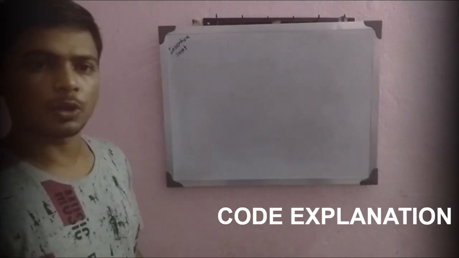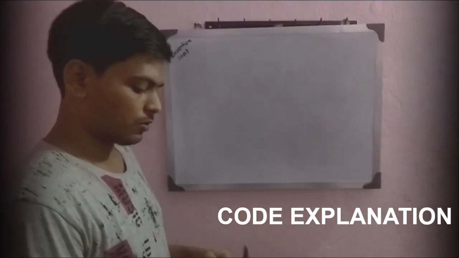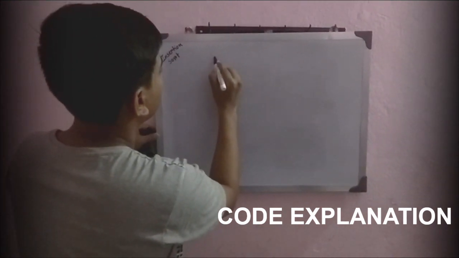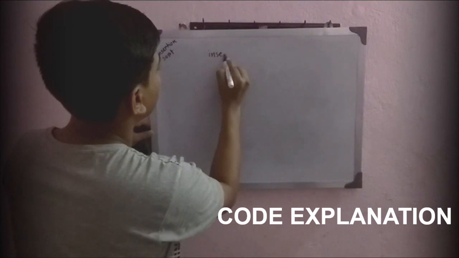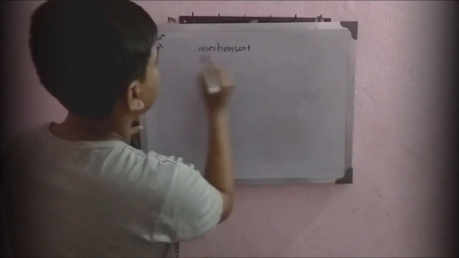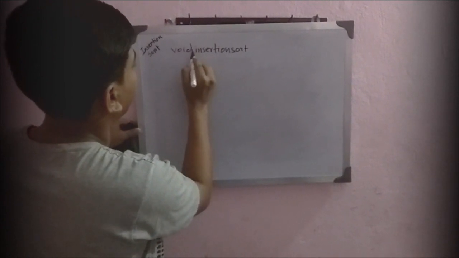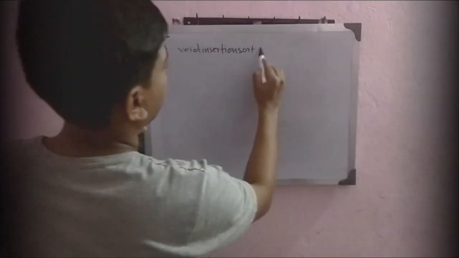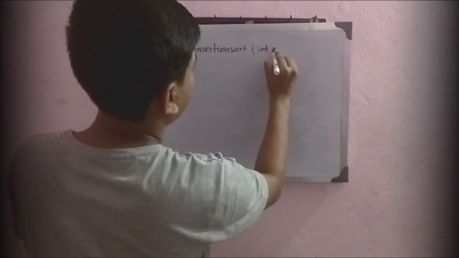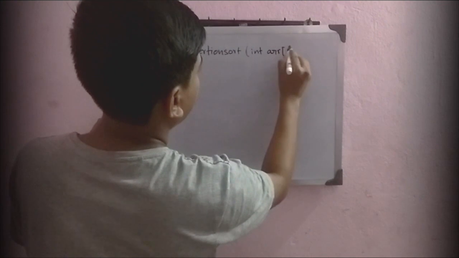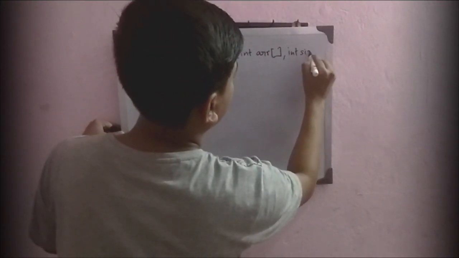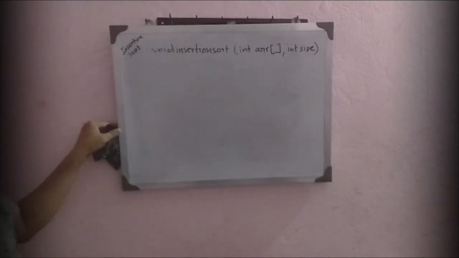So let's discuss the code. Let's take a custom function, insertionSort, void, and let's take as arguments int array and int size. Okay.